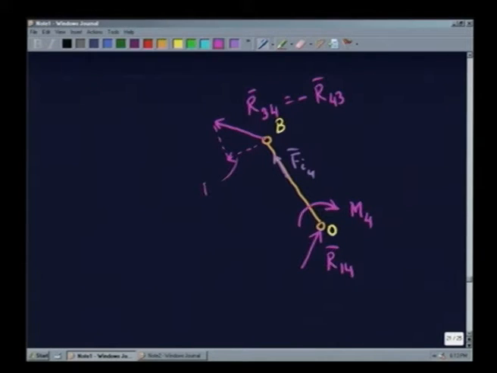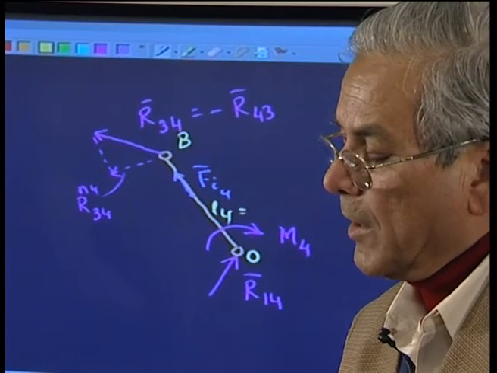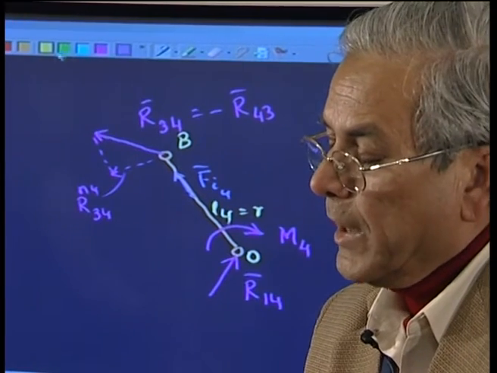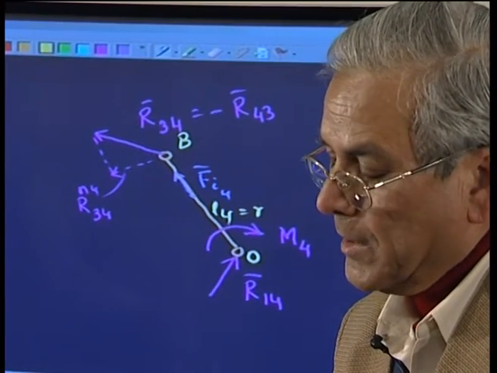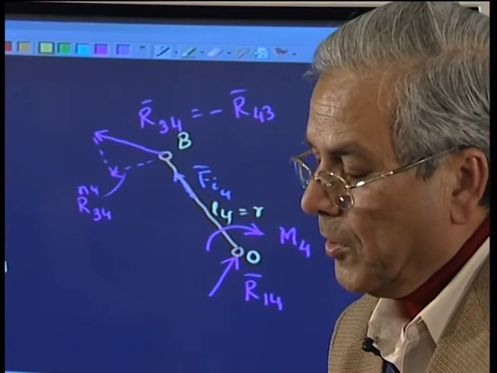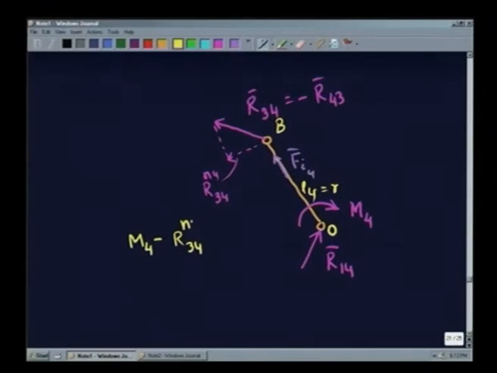This is R34 normal to 4, and this length dimension is L4, which is nothing but R. So we get an equation which tells that M4 minus R34 normal to 4 into L4 equals 0, or we find out R34 normal to 4 is known.